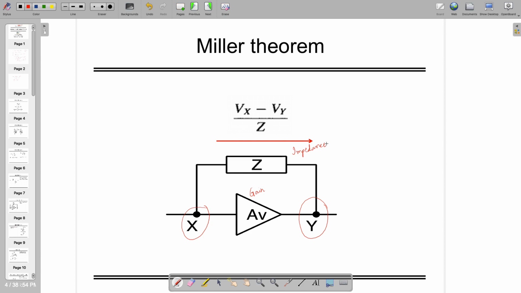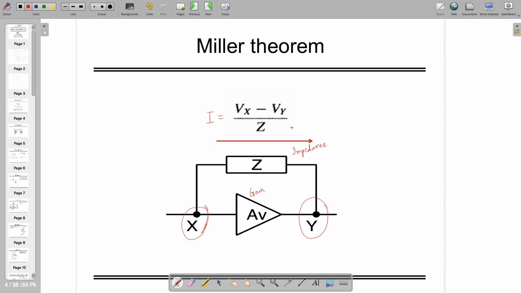Here you can see that the current flowing through the impedance Z is nothing but I is equal to Vx minus Vy divided by Z, where potential X is higher than Y. That's why it has been taken that way. Vy is a reference one, right?